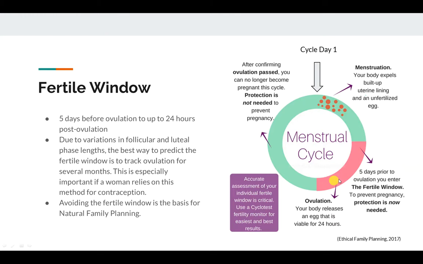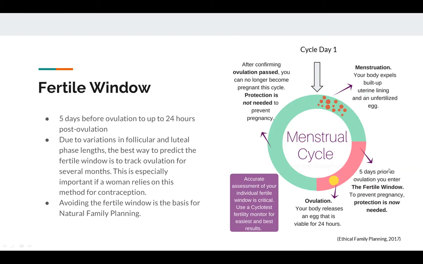Because it takes the egg about 24 hours to get out of the fallopian tube, as long as there's still some sperm in the vicinity during this area, there's a possibility of pregnancy.